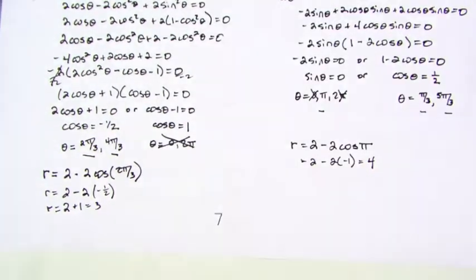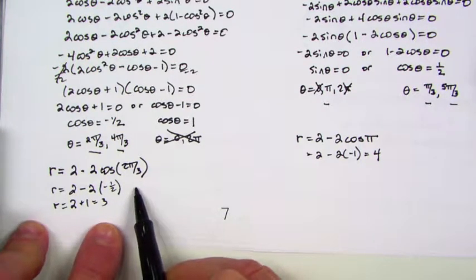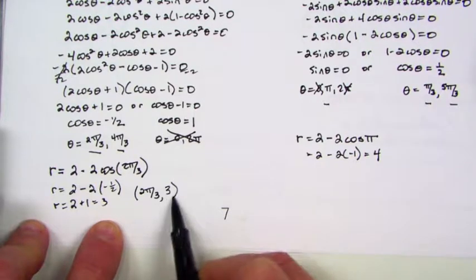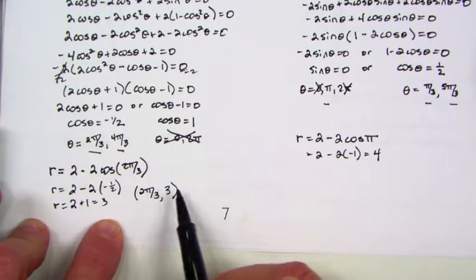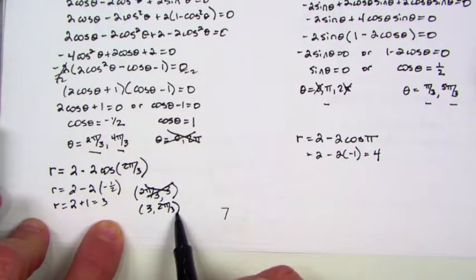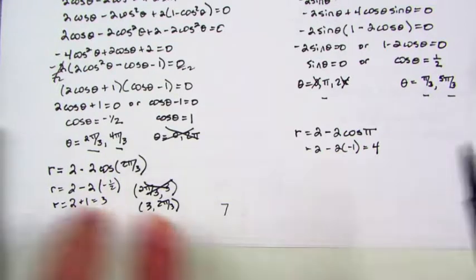So I won't finish that, but that's how this would work. My points would be 2 pi thirds, 3. Oh, sorry, r theta, my bad. 3, 2 pi thirds. I'd find the corresponding r for 4 pi thirds.